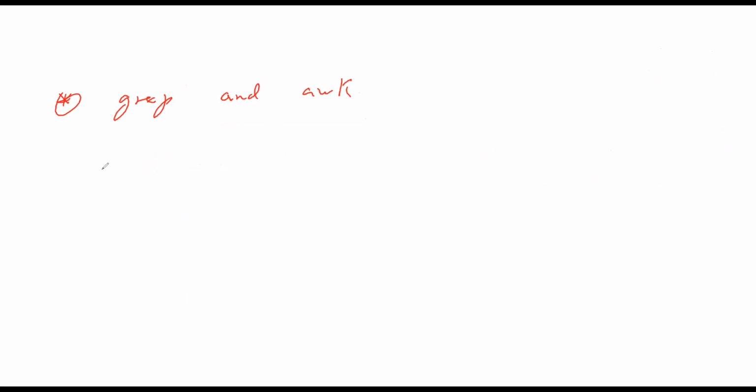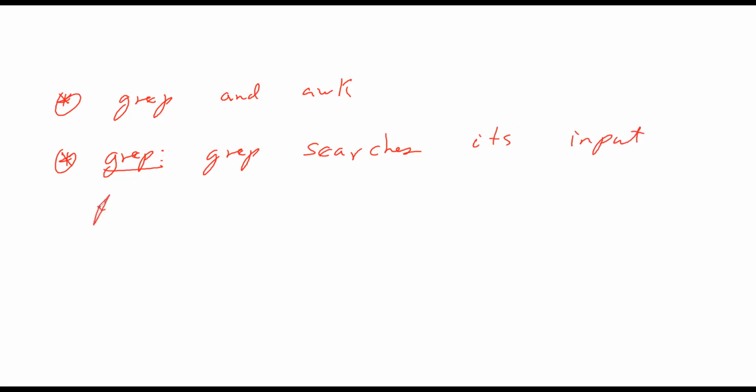First of all, we're going to provide a formal definition for grep itself. The formal definition of grep is that grep searches its input for lines containing a given pattern.